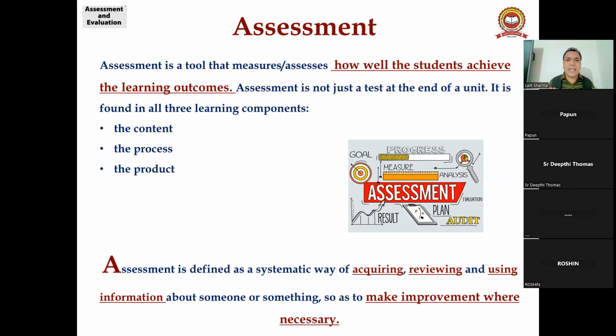What is the assessment saying to us? Assessment is saying to measure how well the student achieved the learning outcome. Guys, what happens? For example, in the month of January, a student has come in your contact, you are taking the class of 7th class or 8th class, and you start teaching the student, and in the month of December he has to give the exam.